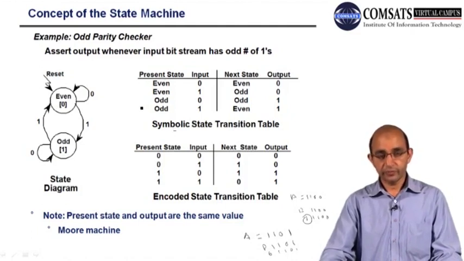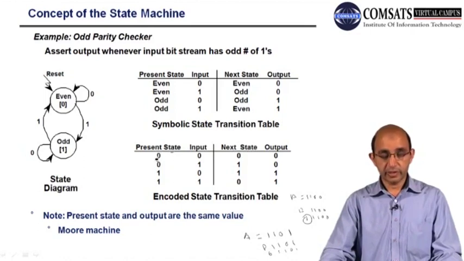So after the specification, what is next? We have to encode those states, right? So this is the symbolic representation, and now we have to represent those states by different symbols. As we have only 2 possibilities, we can use a single bit. In the previous example we needed 2 bits because we had 4 states, or 4 possibilities.